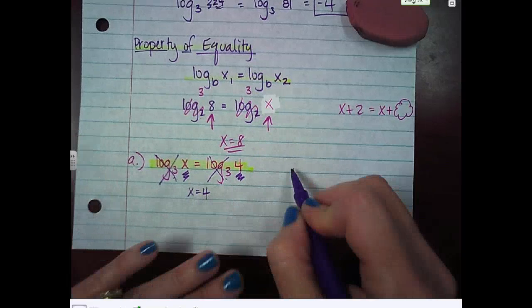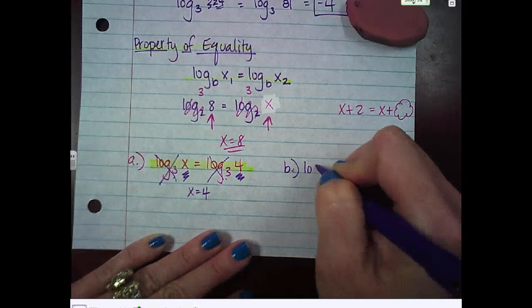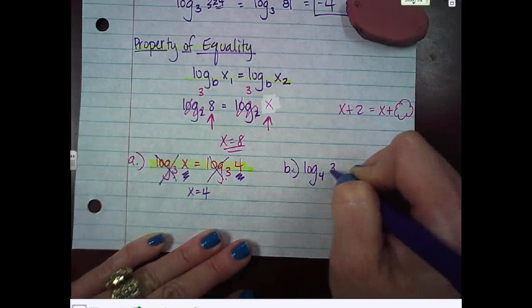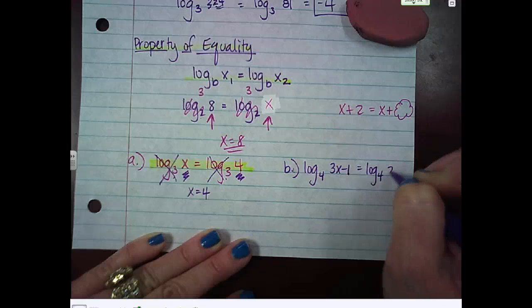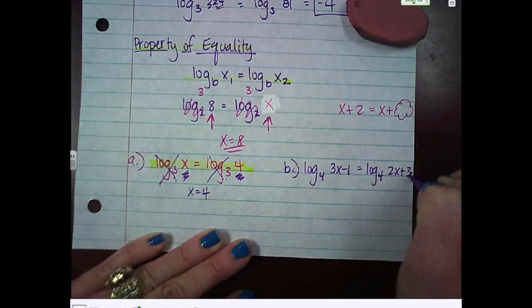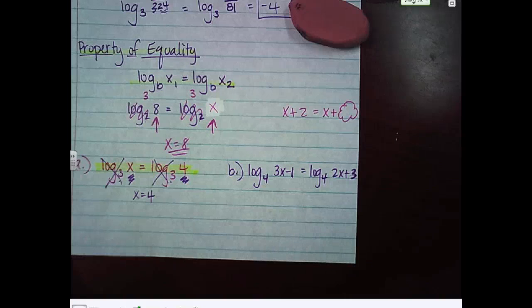All right, one more problem like that, just to show you. If I say log base 4 of 3x minus 1 equals log base 4 of 2x plus 3. Right? What's the cool trick that works? I know this is more complicated, but it doesn't make the rule change.